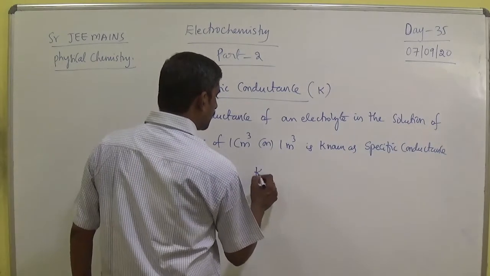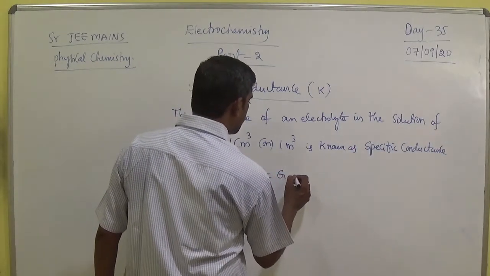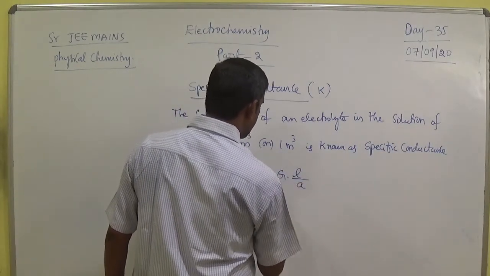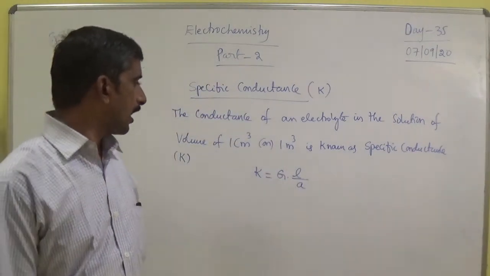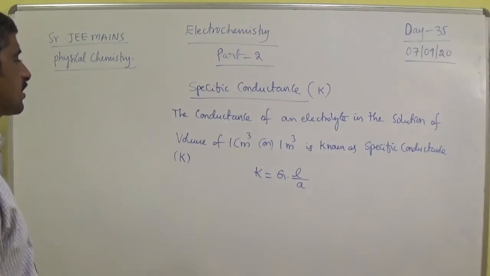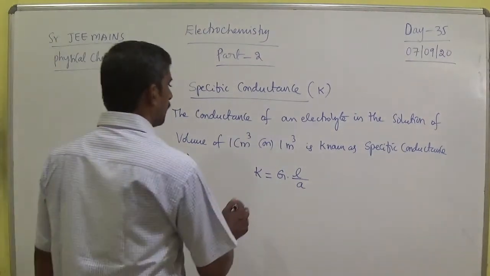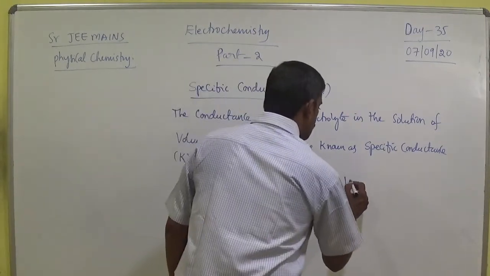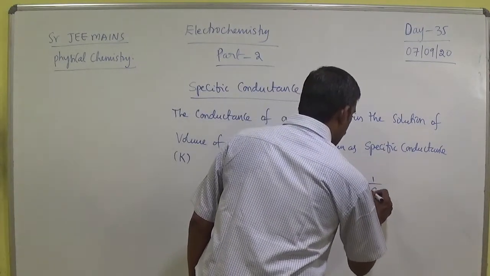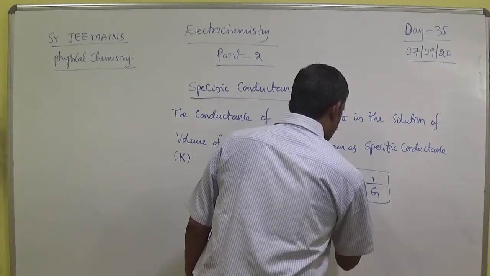Specific conductance K equal to G into L by A. Here L by A is the cell constant. Or specific conductance K equal to 1 by rho, which is also correct.